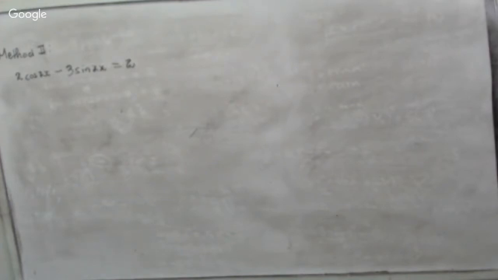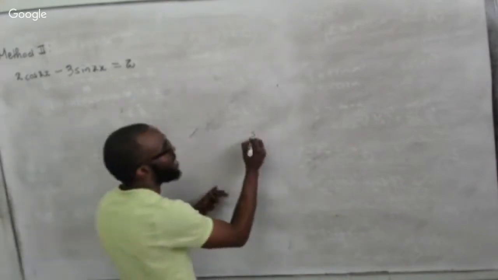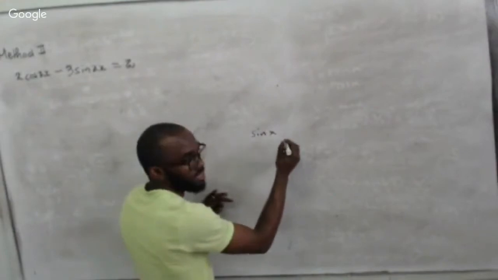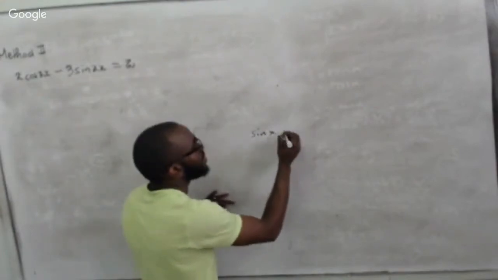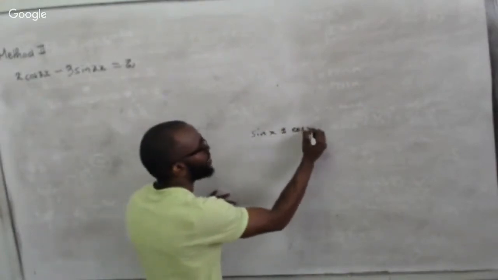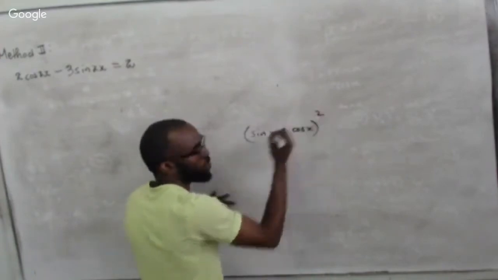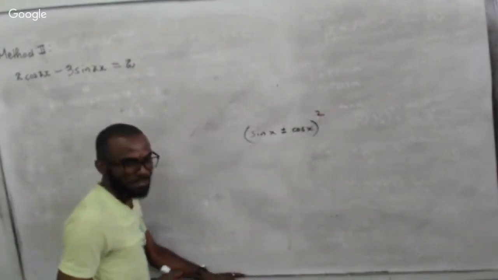How would I make it possible? By getting cosine squared and sine squared. So I can maybe square both sides. Here's the challenge. If I have sine x plus or minus cosine of x, and I square it, let me show you what will happen. Ready?